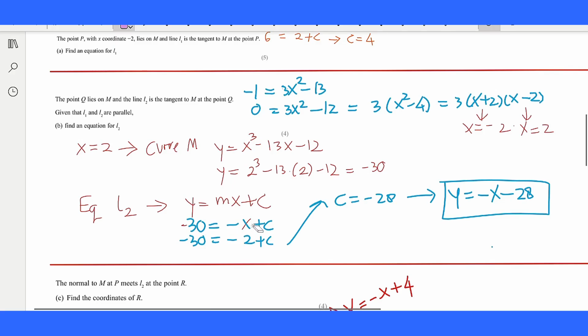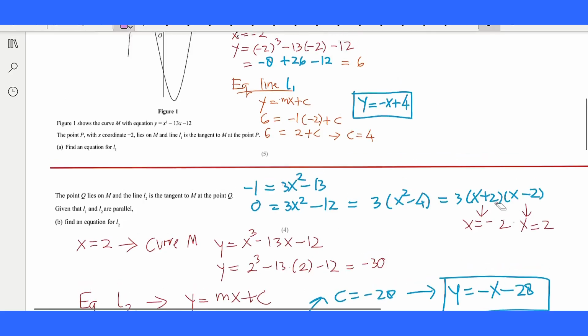Plugging in, we have negative 30 equals negative 2 plus c, so c equals negative 28. So this is our line equation, y equals negative x minus 28. That is L2.